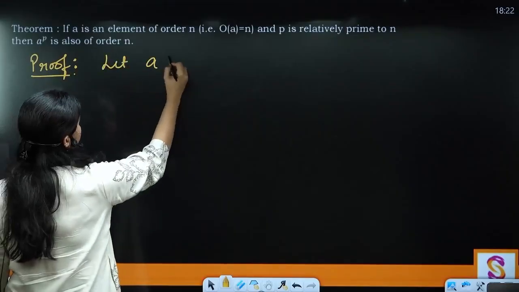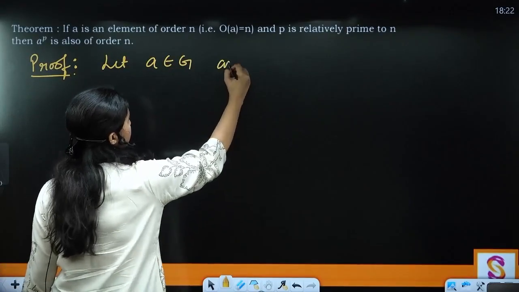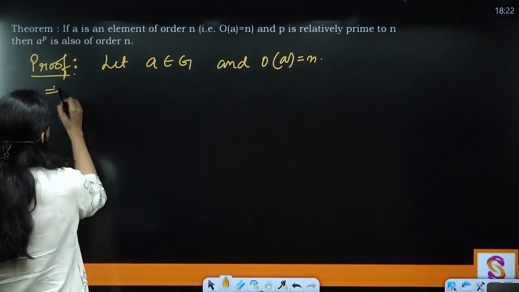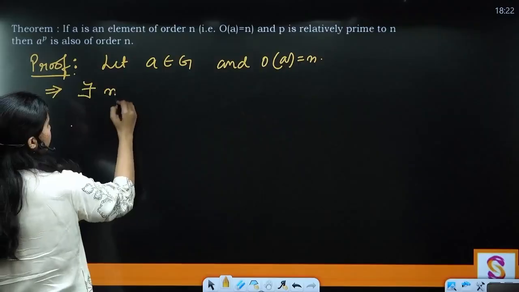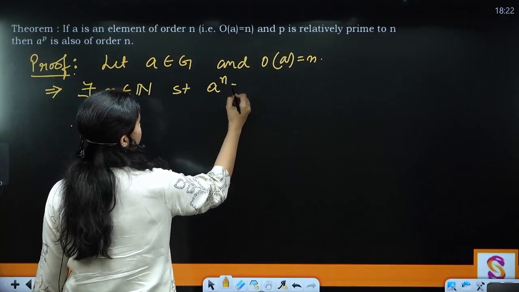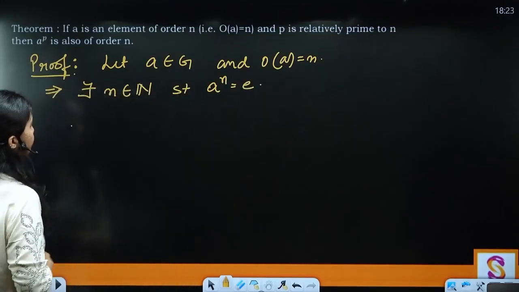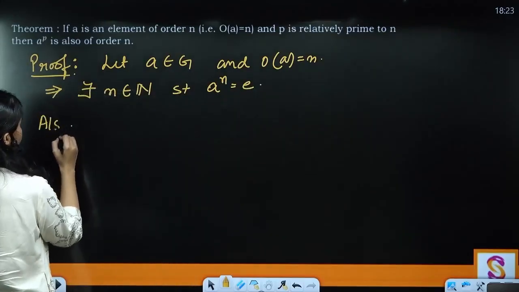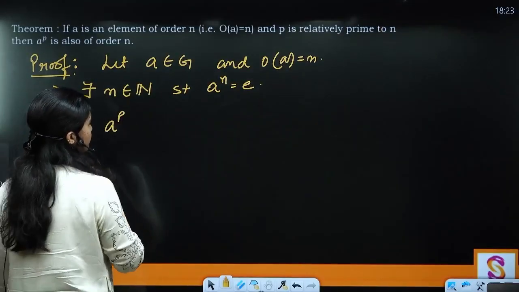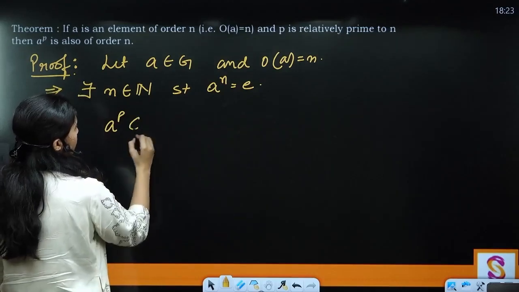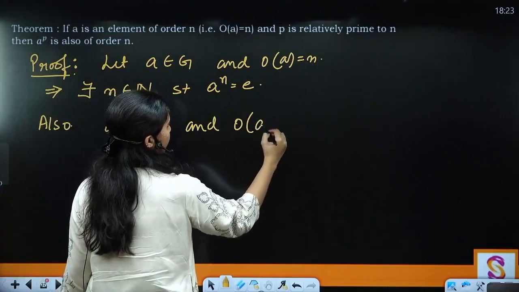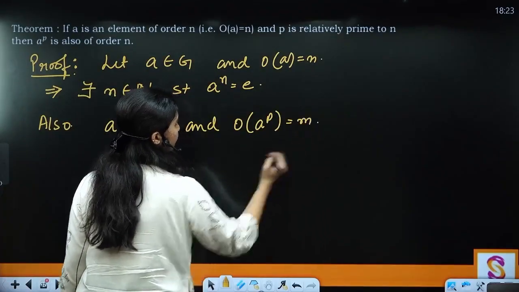Let a belongs to G and order of a equals n. This implies that there exists n belongs to natural numbers such that a raised to the power n equals e, right? Also a raised to the power p belongs to G and order of a raised to the power p equals m, right?